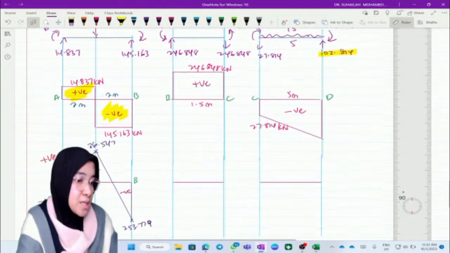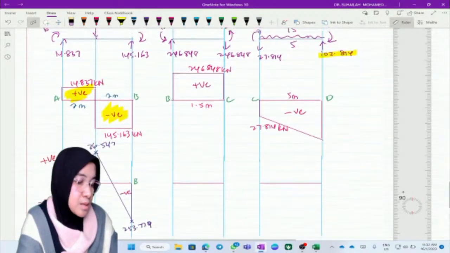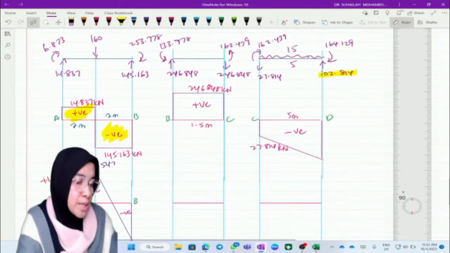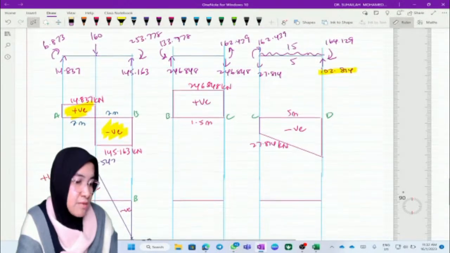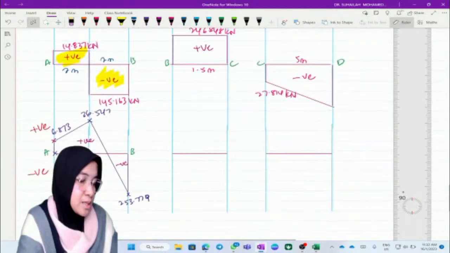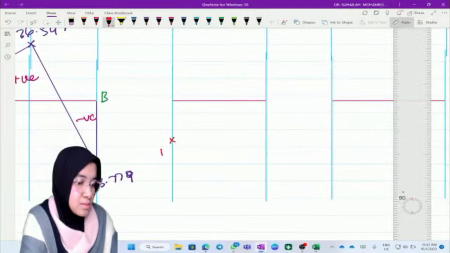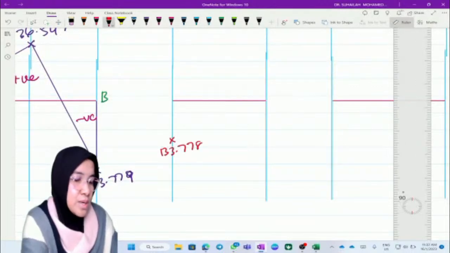It is 133.778. Another one is above line.